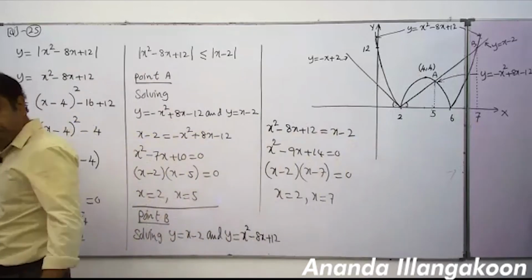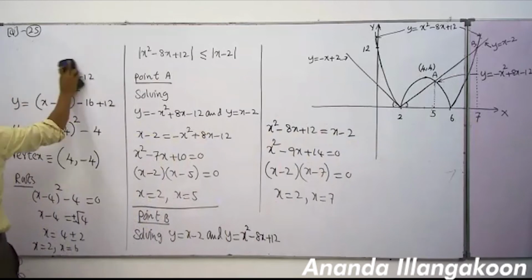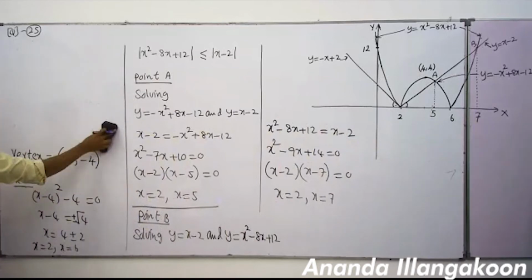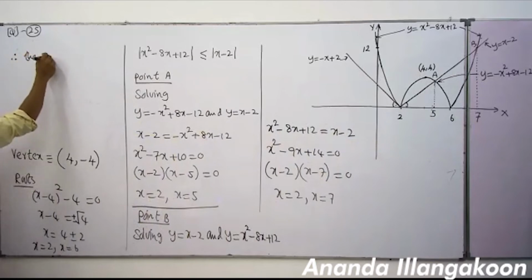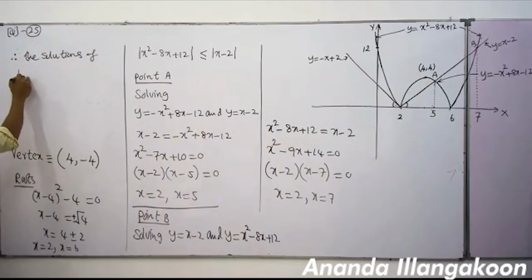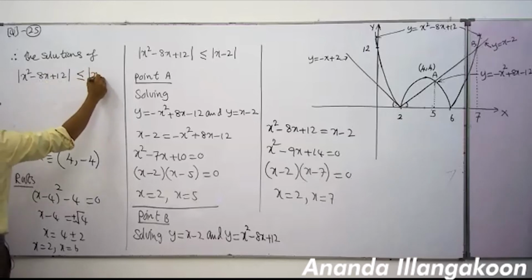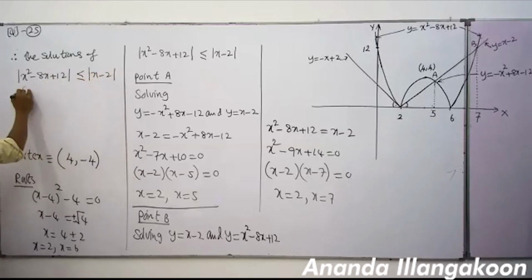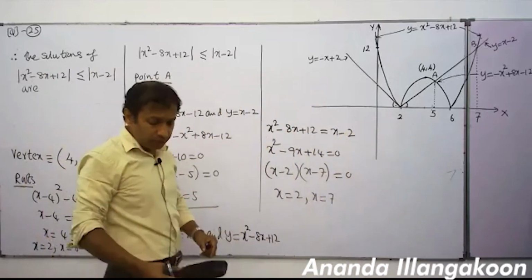Then the required inequality becomes valid. I can write, therefore, the solutions of mod x squared minus 8x plus 12 less than or equal to mod x minus 2 are: first solution, people, this 2, x equals 2.